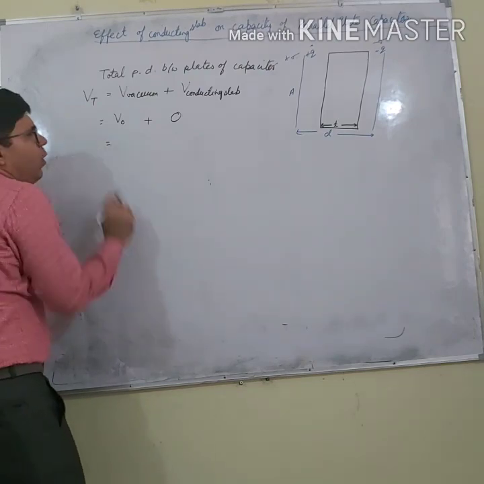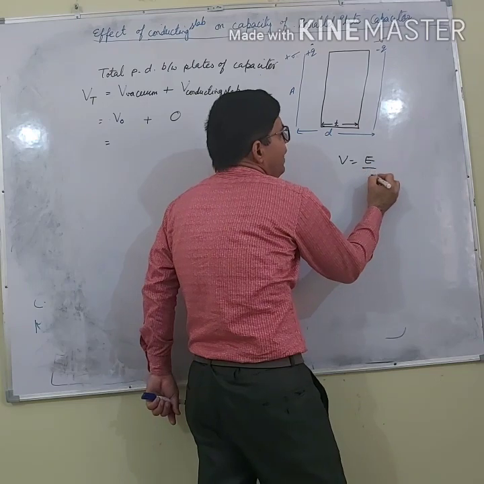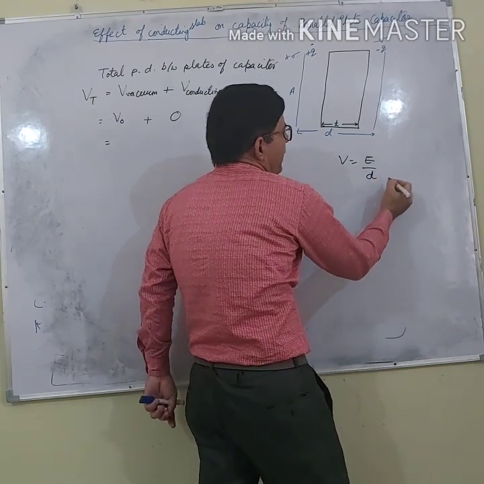And what will be V naught? We have done V equals E into D, right?